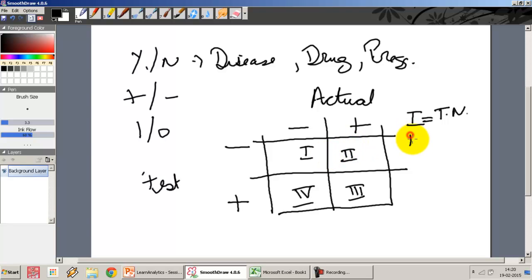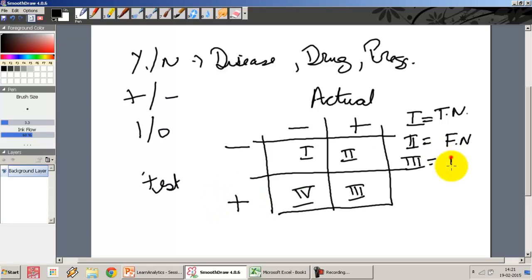Let's look at quadrant number 2. In this case, the person is actually positive. The person has the disease, but the test came out as negative, and that's a very big error. So this is a false negative. Let's look at quadrant 3. Quadrant 3 is when the person has the disease, so the actual state is positive, and the test also sends out a positive result.